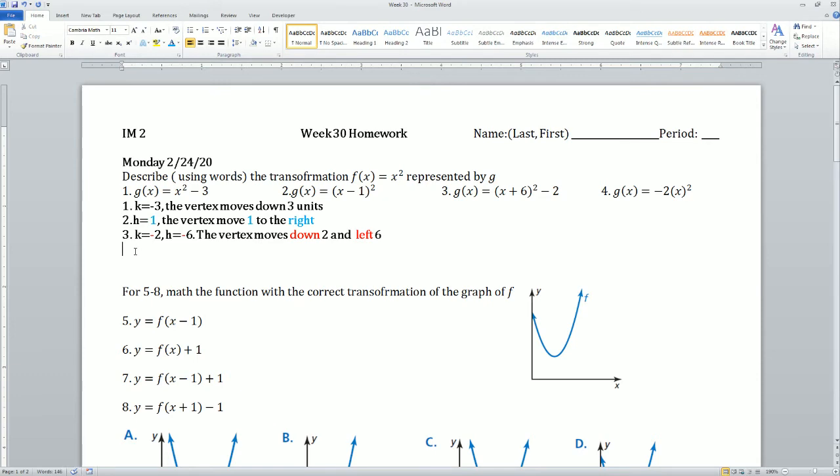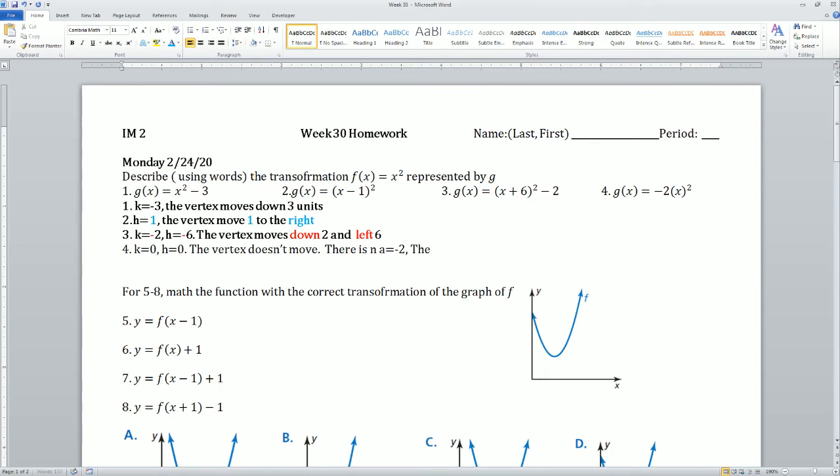Number 4. There's no h here. So the k was 0, and the h is also 0, so the vertex doesn't move. But there is an a, and a is equal to -2. What does a equals -2 do?